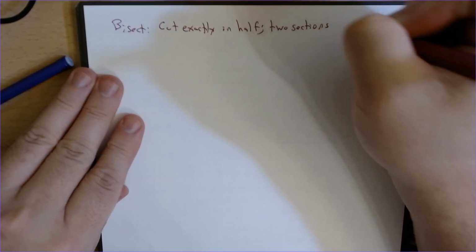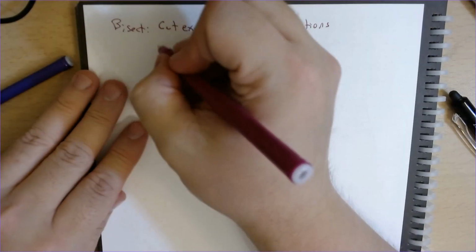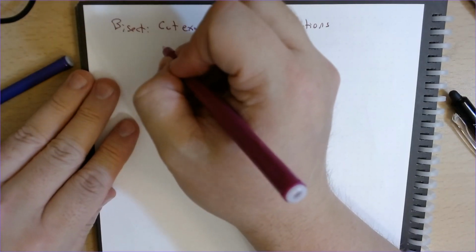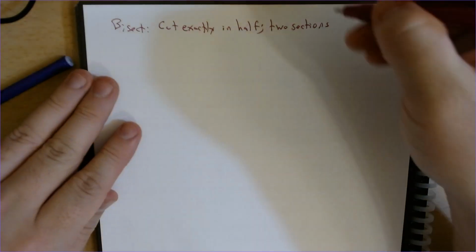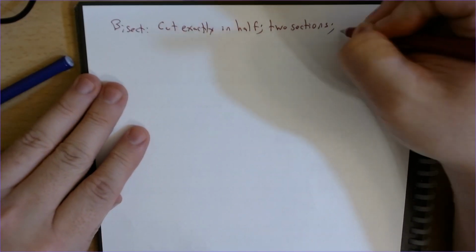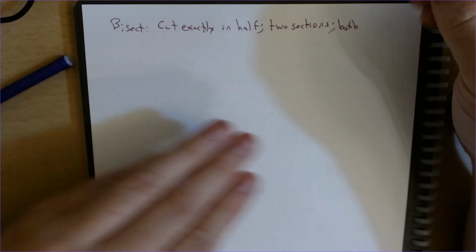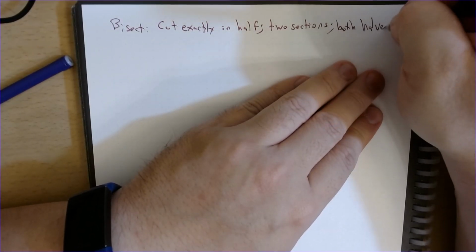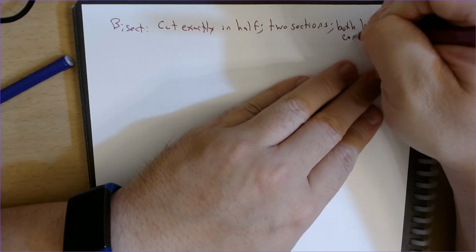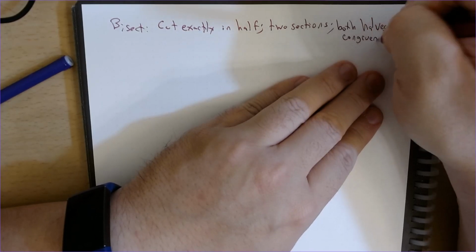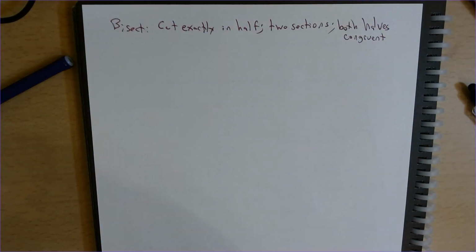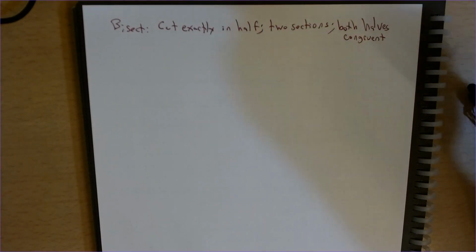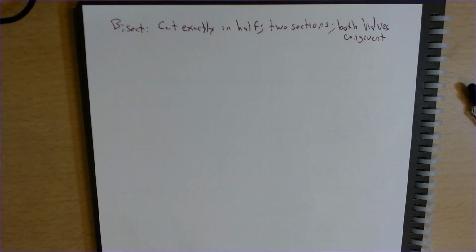Really, the important thing to know about bisecting is if I bisected something, both halves are exactly the same. Which is the definition of half, but you know. And definition of bisect would come up a lot if we were doing proofs, which I'm not sure we are doing this year just because, like I said, depend on how fast we go.